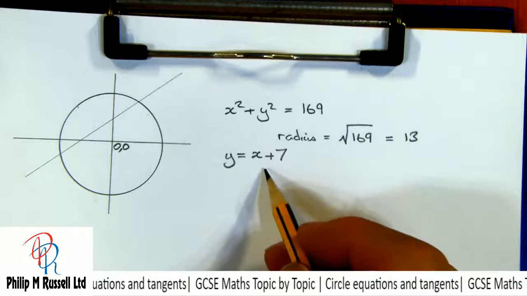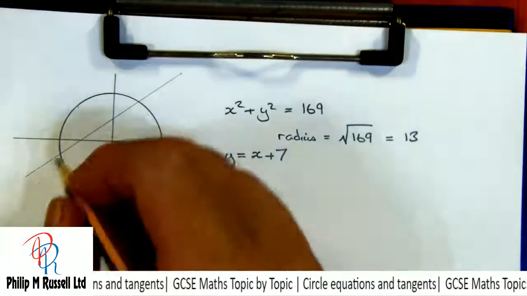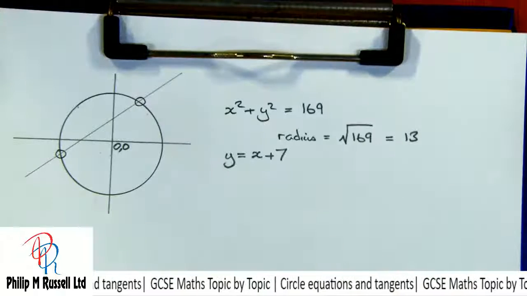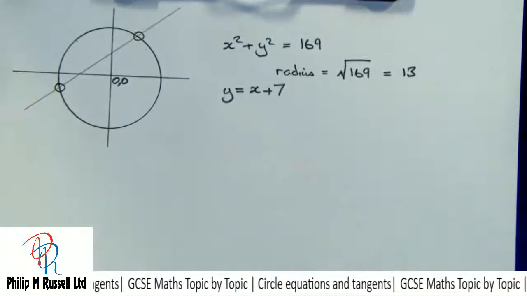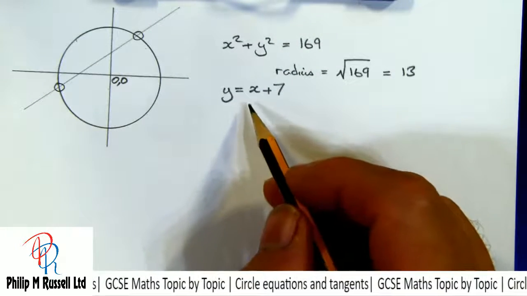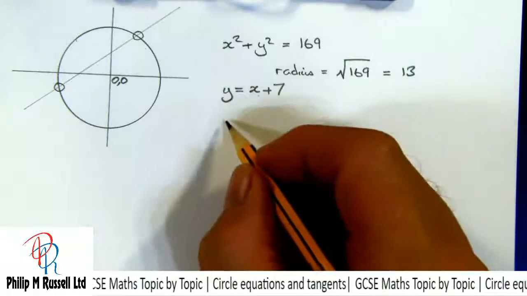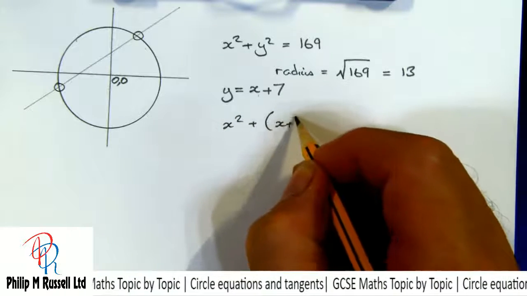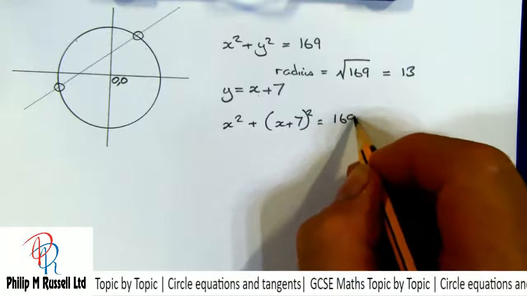What we want to do in this question is to find out the points of intersection where these two meet. Where the two meet, these two equations equal one another, so I'm going to substitute this into there. So I've got x squared plus (x plus 7) all squared equals 169.